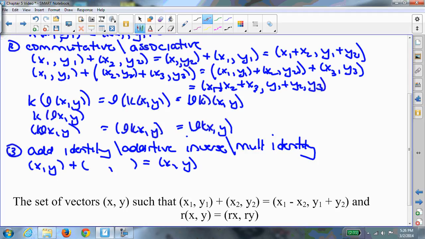This is true because I can have the vector 0, 0, which is in R2, and xy plus 0, 0 is still xy. So there is the additive identity. The additive inverse says I can take xy plus the vector defined in the space and get the additive identity. This is also true because my additive inverse can be the opposite of x and the opposite of y.